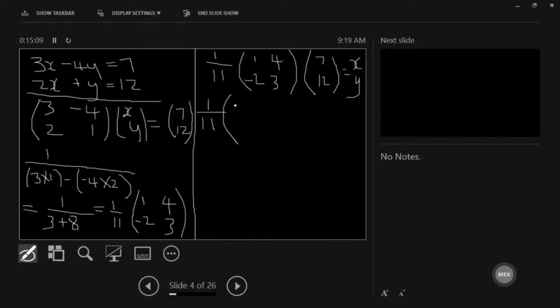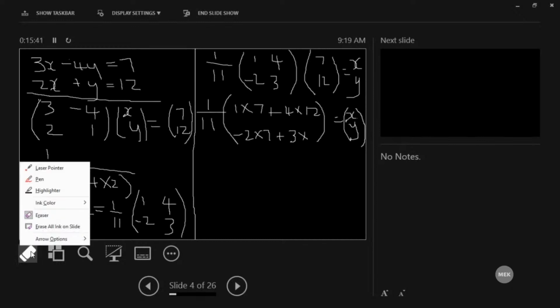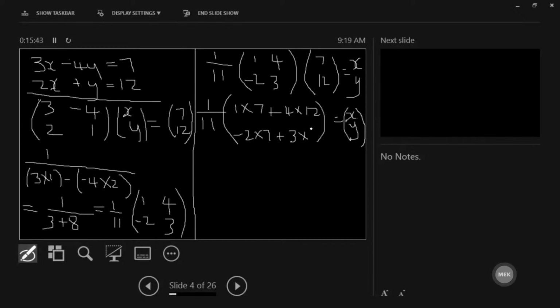So 1 times 7 plus 4 times 12 over -2 times 7 plus 3 times 12, and that will give xy. Let me write this 12 properly. So that should be 12.